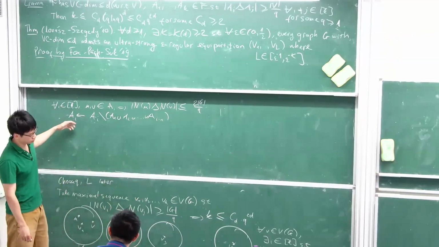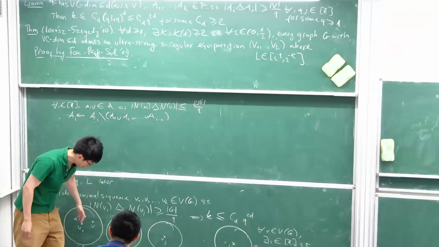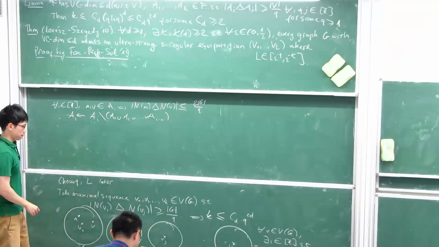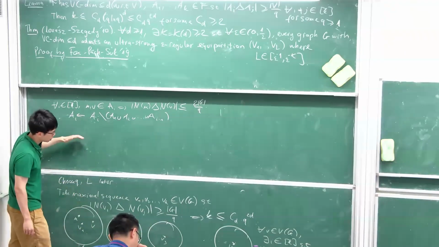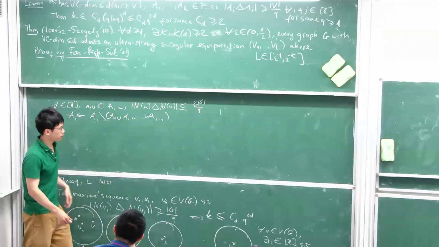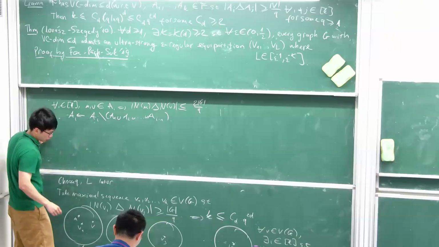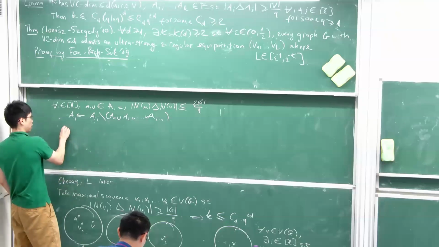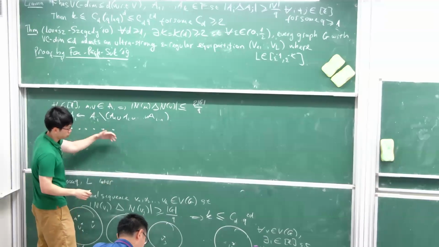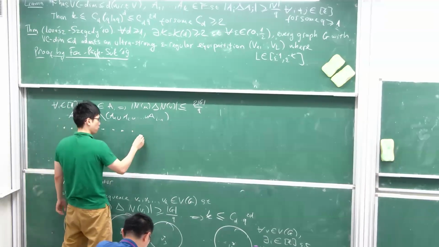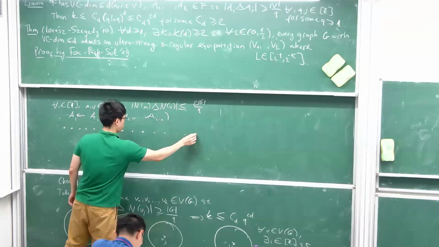Now we have these properties, and we look at this partition. I'm going to put the vertices of G in some order, such that each A_i looks like a subinterval of the whole sequence.